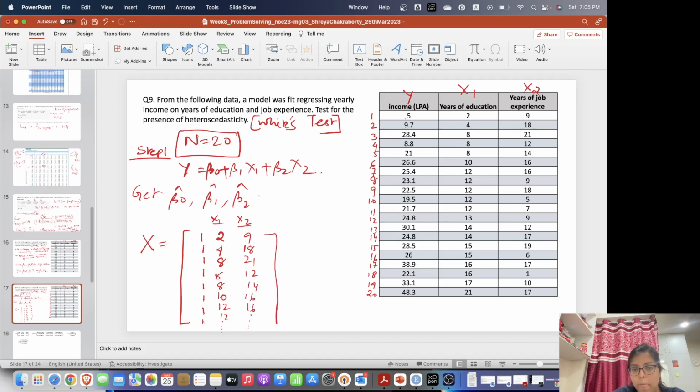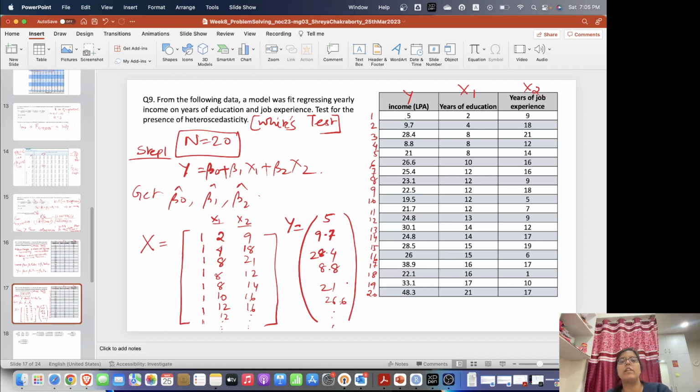So that will be my x matrix. My y vector will be the income column: 5, 9.7, 28.4, 8.8, 21, 26.6 and so on.